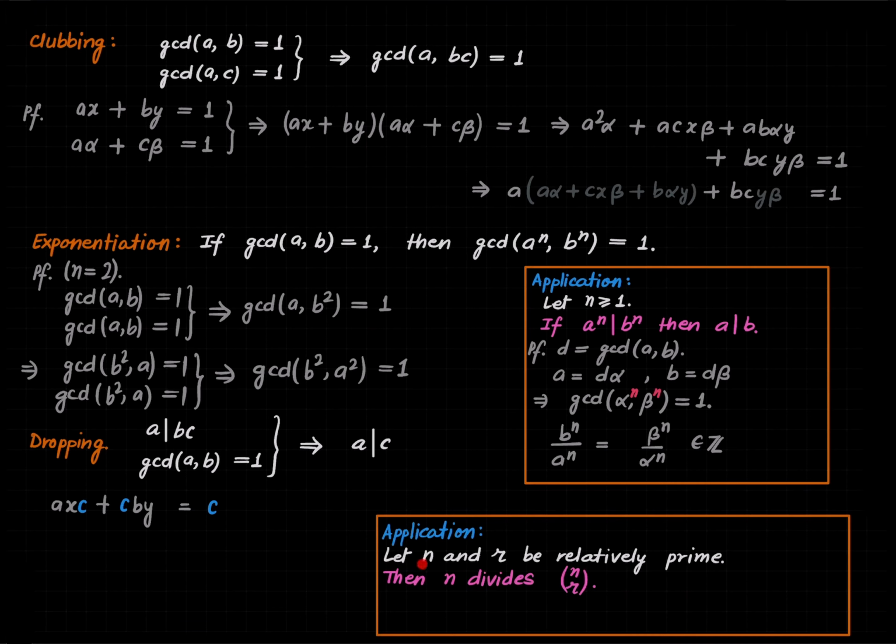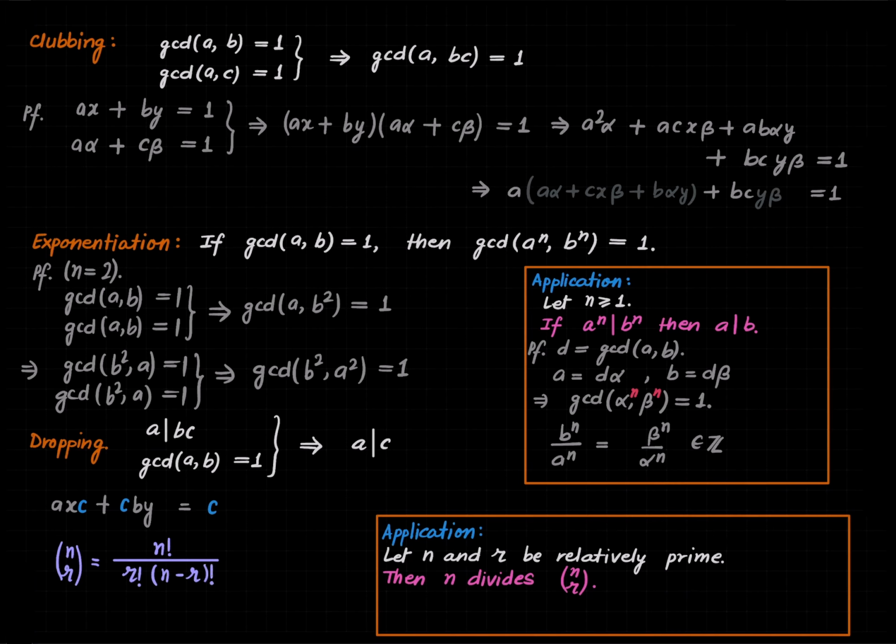So suppose n and r are relatively prime, then we want to show that n divides n choose r. And n choose r, remember, one way to define it, the worst way, is by this formula.